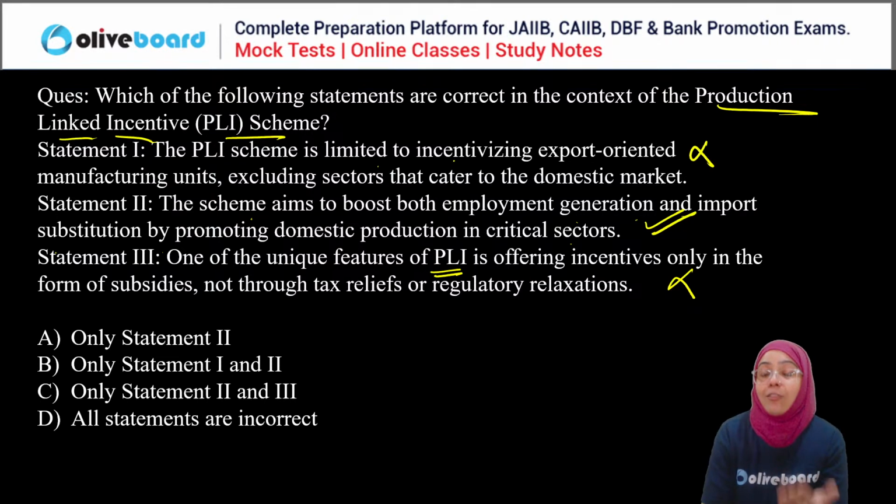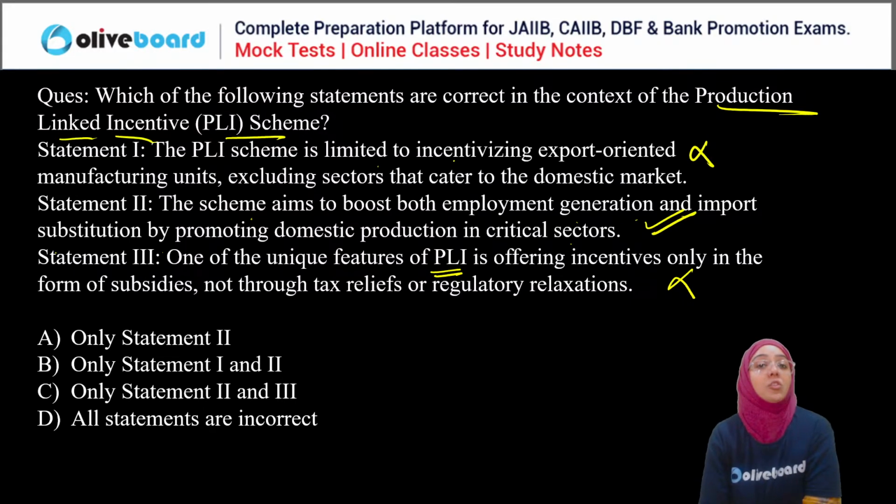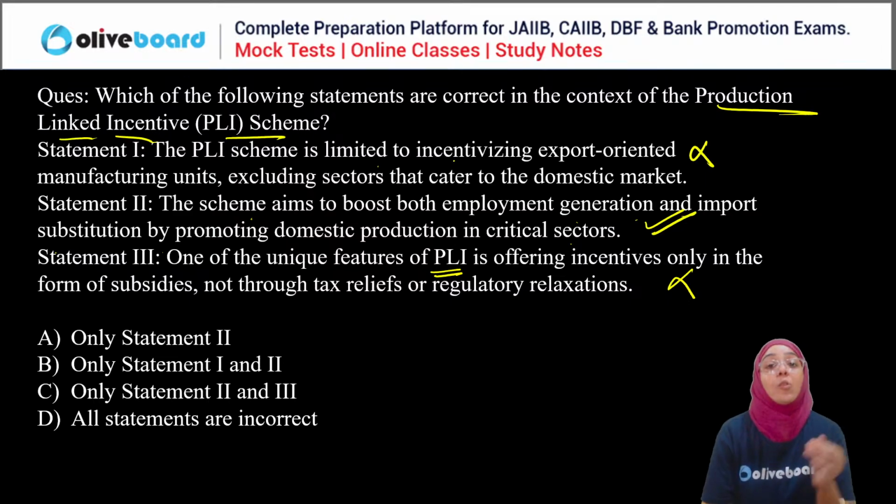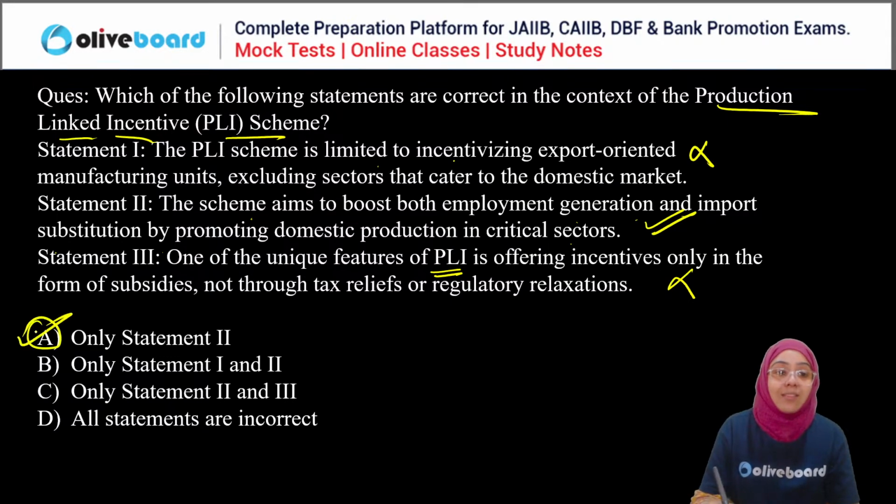So tax relief is also given. There are different regulatory relaxations which are also given to you, right? It is not only limited to subsidies. It will provide you subsidy, tax relief, regulatory reliefs, etc. And that's why the third is also a wrong statement. Only the second is the correct statement. So A is the correct answer.